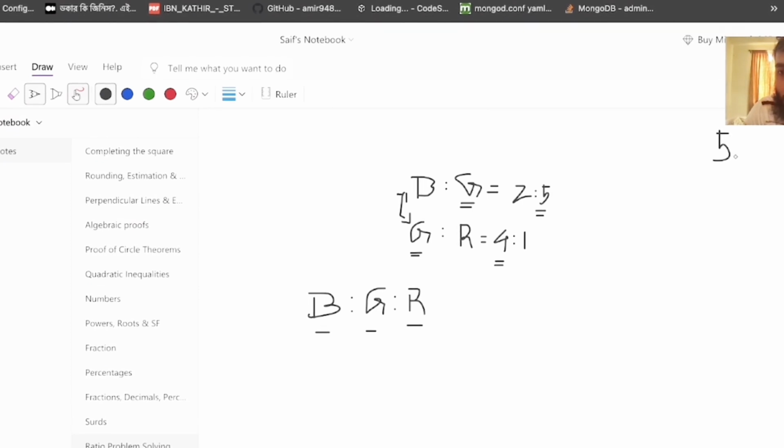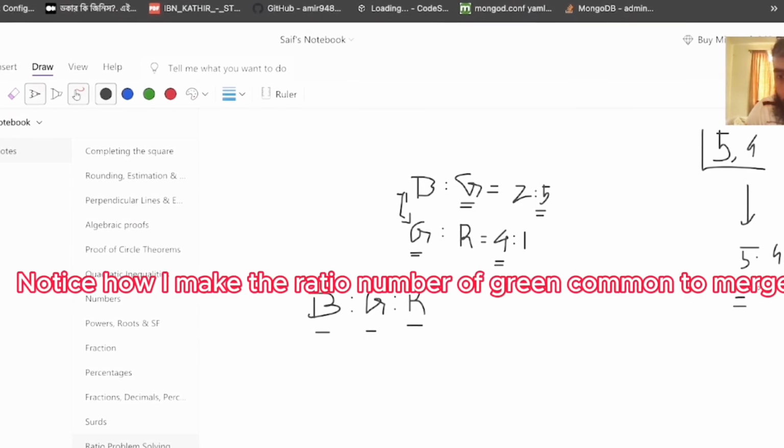In order to make both common, we can take the LCM, or lowest common multiple, of 5 and 4. We can simply multiply 5 with 4 and we get 20. So this is the common value.